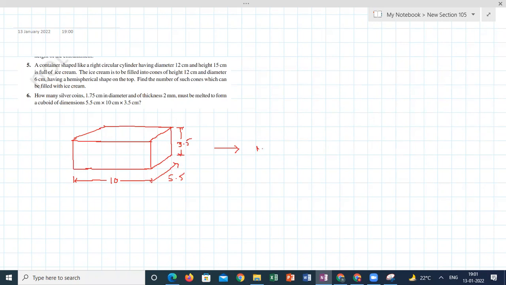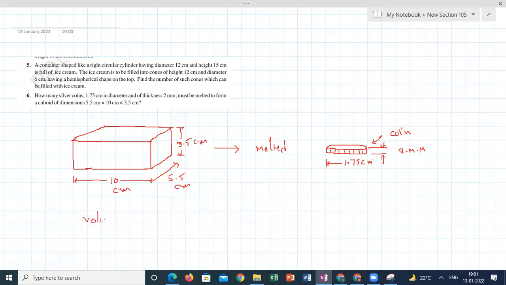And he melted it and made coins like this. The coin is like a cylinder having very small thickness. Diameter is 1.75 centimeter and thickness is 2 millimeter. So this is all in centimeters.